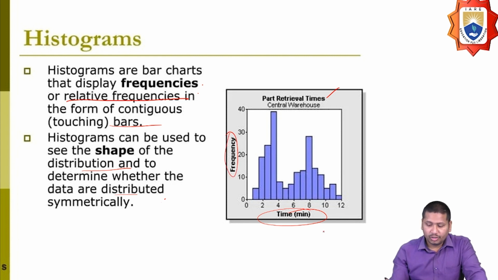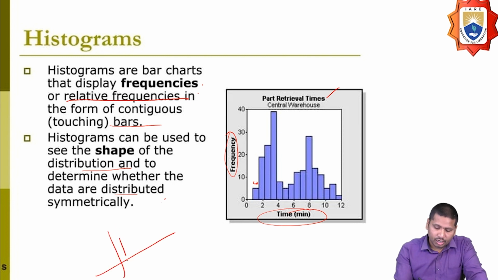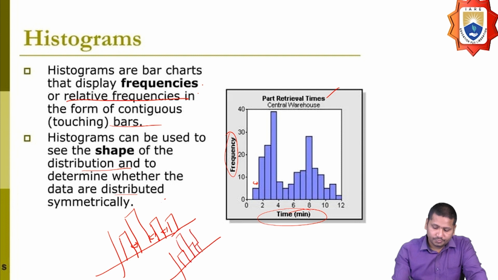The only difference between a bar chart and a histogram is that there should not be any space between the bars. In a bar chart the bars are separated, but in a histogram the bars are continuous with no space between them, and that's why it is called a histogram, and that is the difference from the bar chart.